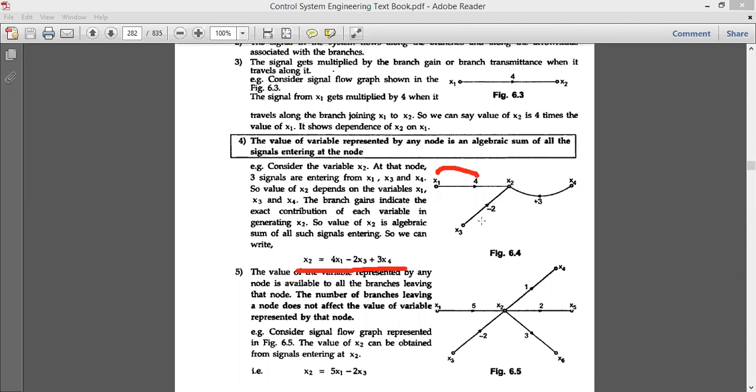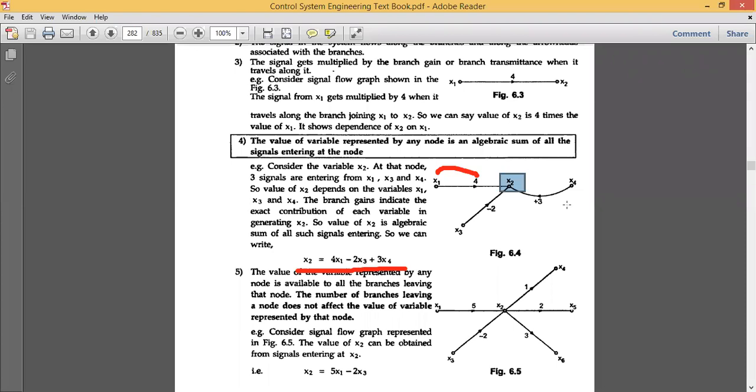Because the gain between x3 and x2 is minus 2. If it was plus 2, then we would have written plus 2x3. Therefore, to calculate x2, x2 is equal to 4 multiplied by x1, that is gain multiplied by the input node, minus 2 multiplied by x3.